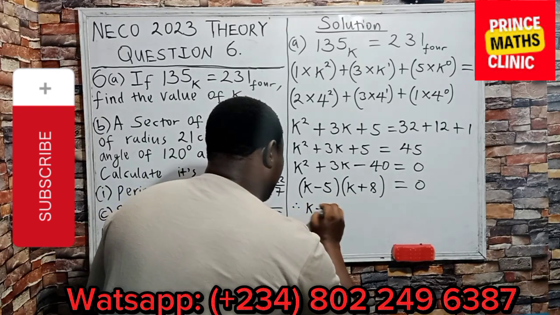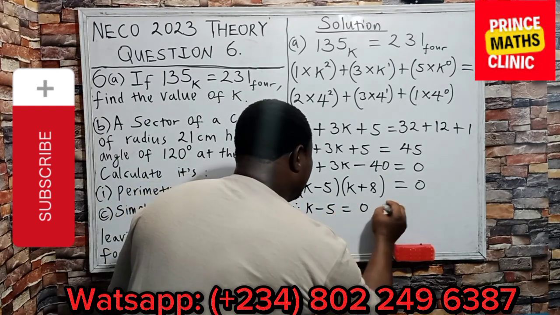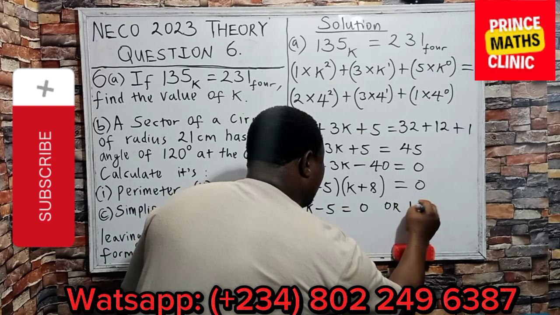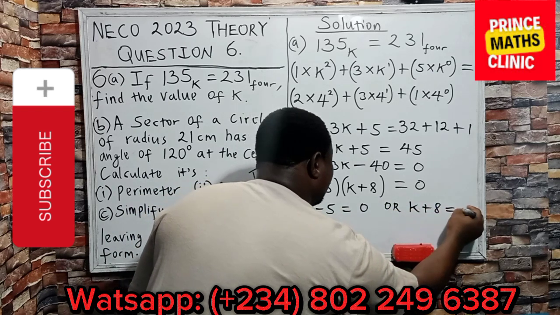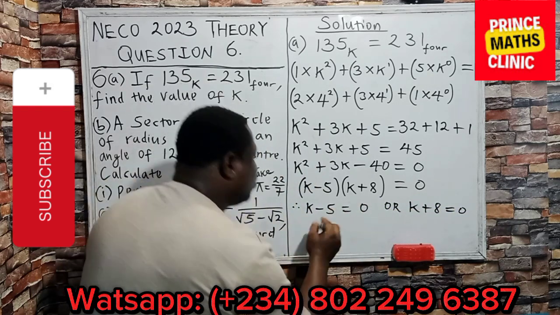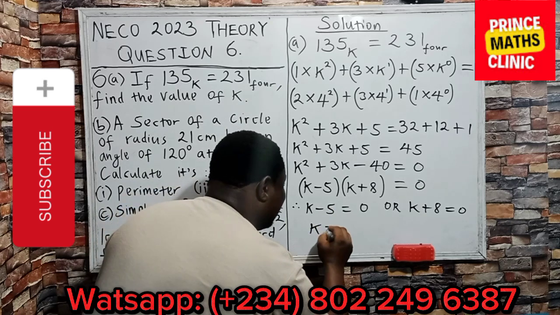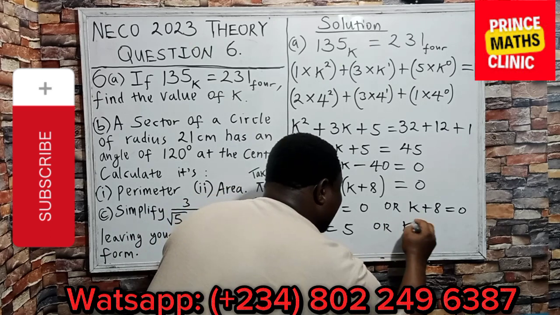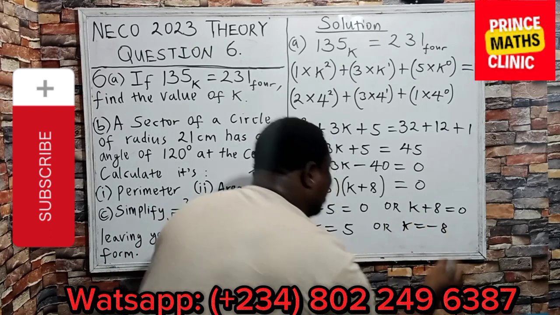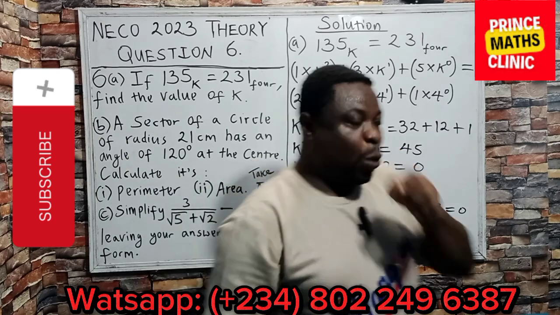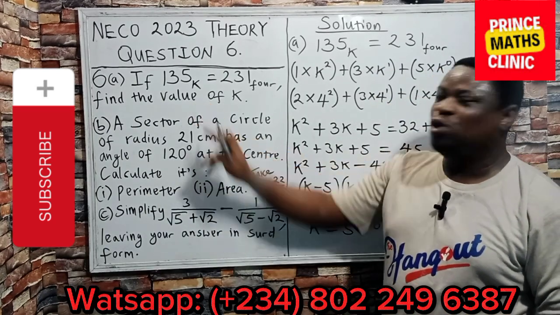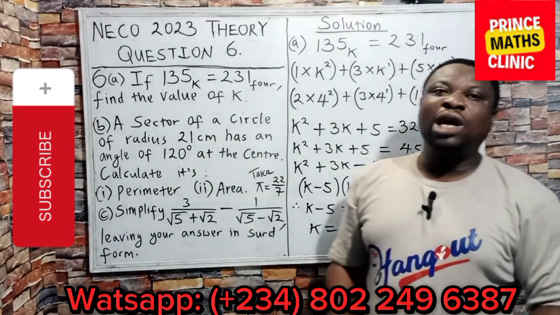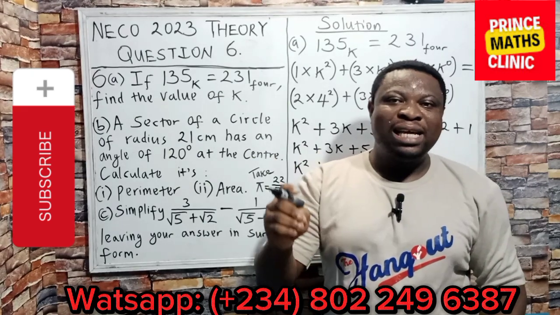Therefore, k minus 5 equals 0, or k plus 8 equals 0. And here k is equal to 5, or here k is equal to negative 8. Now, looking at the question, we're asked to find the value, not values. So this is where you have to put on your critical thinking.